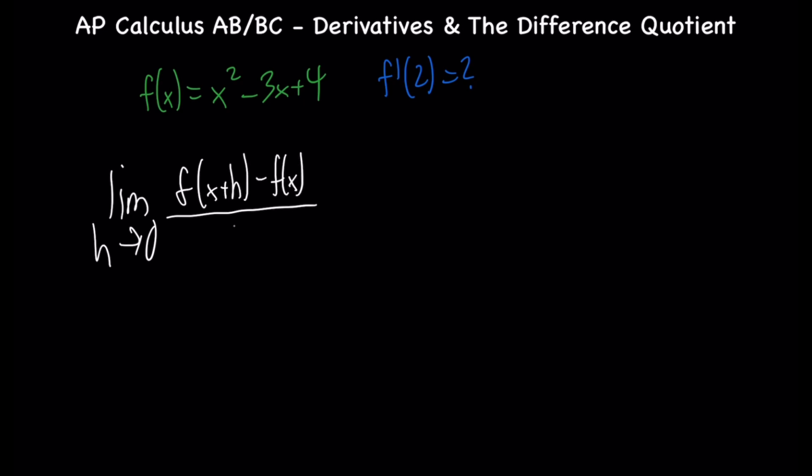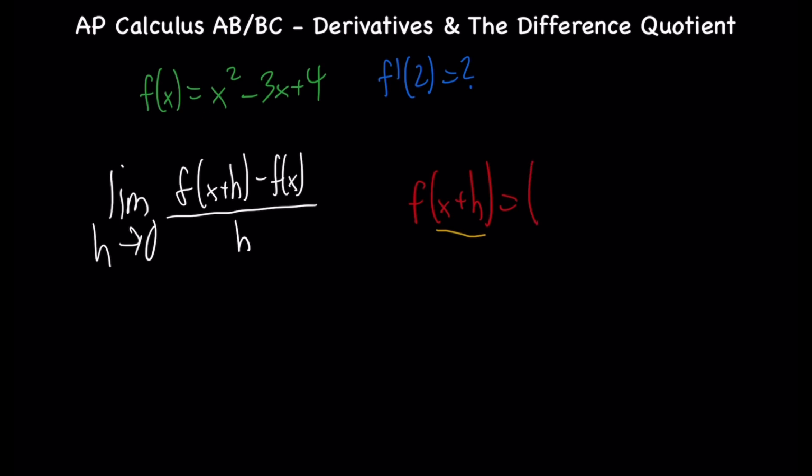So we do have this formula, and we know what f of x is. It's right here. F of x is given to us, and h, we can just leave it as h for now. F of x plus h, though, is the main problem we're going to have to figure out. You would literally have to plug in x plus h into the function f of x.